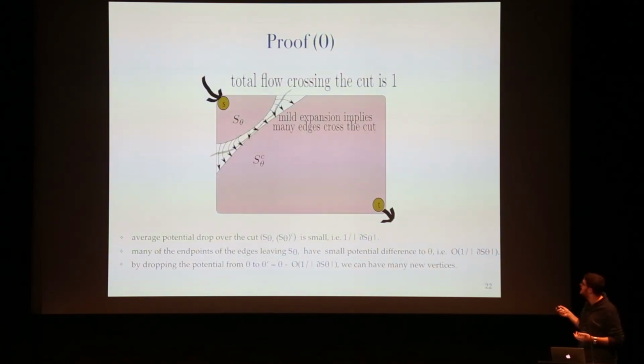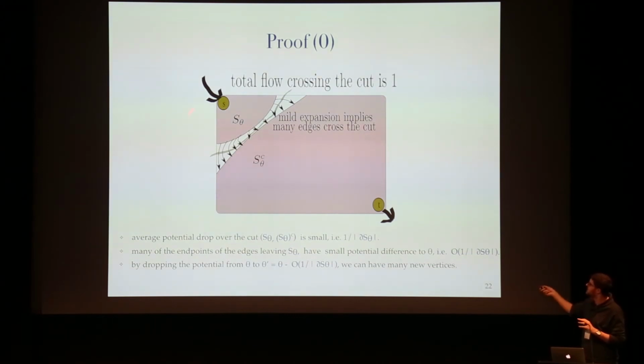The idea is actually very simple. Our intuition is that if you have a threshold cut like this, then because every vertex in S theta has higher potential than every vertex in S theta complement, the electric flow flows from inside S theta to outside S theta. So the total flow crossing the cut is 1.